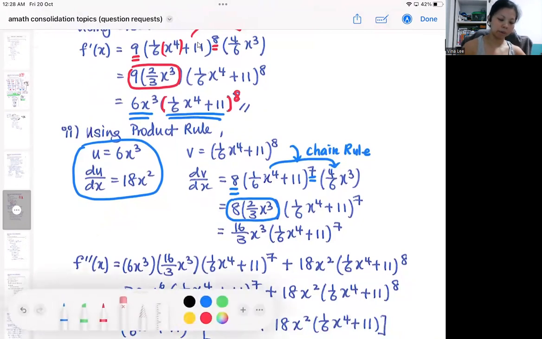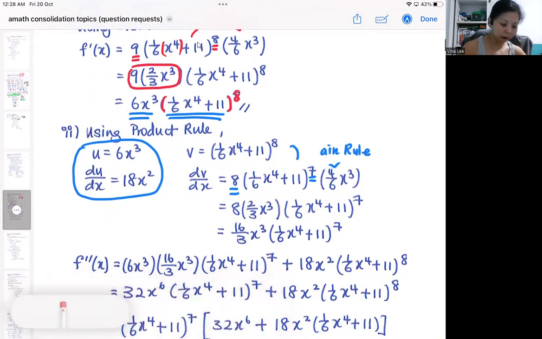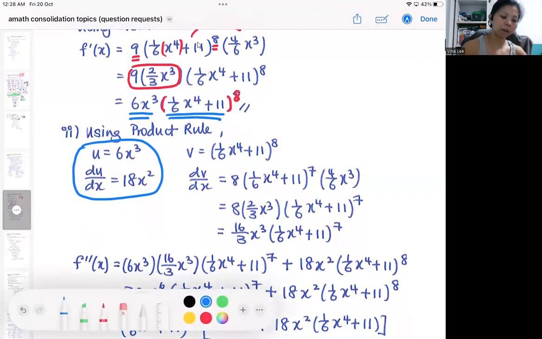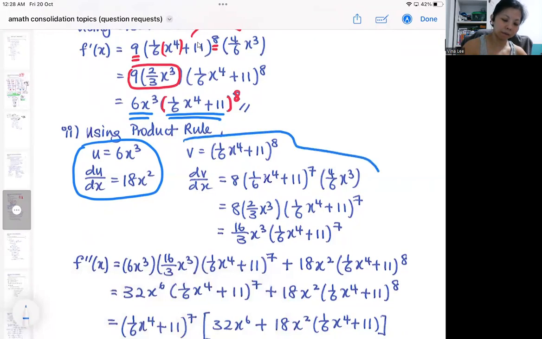The trick comes when you combine them into the product rule. There are students who get stuck because after they combine, they may know how to combine, but they couldn't execute taking out a common factor.